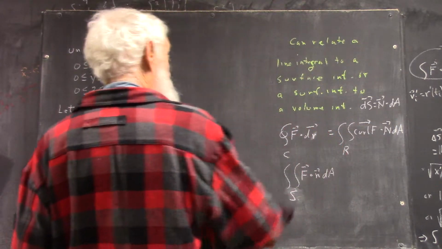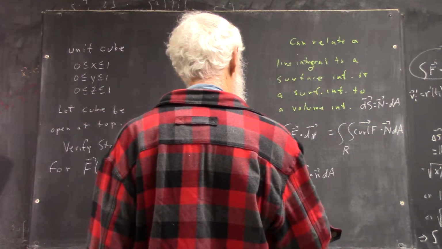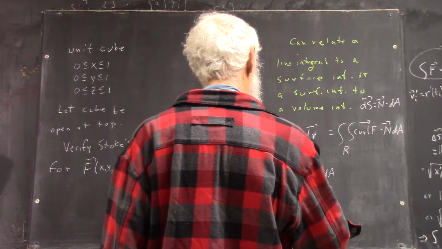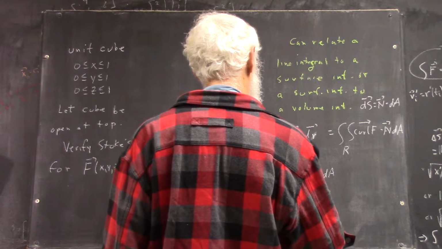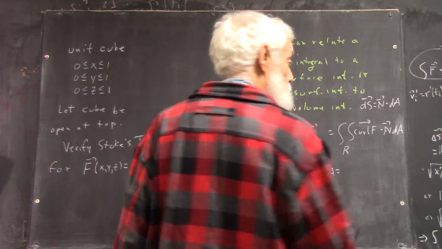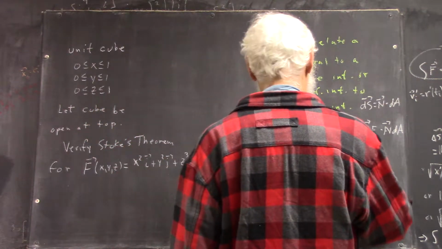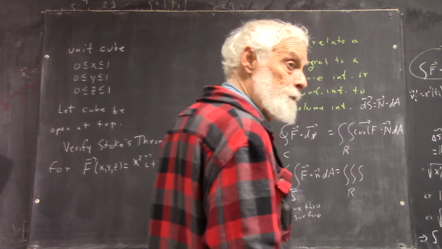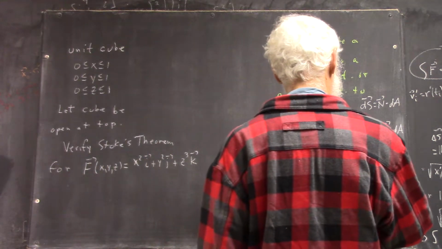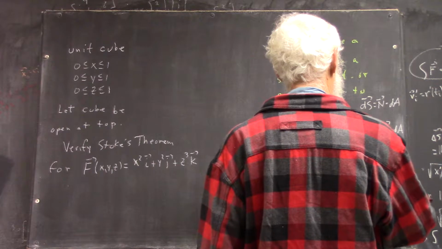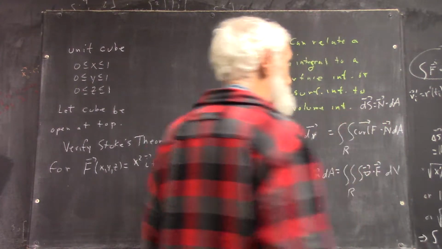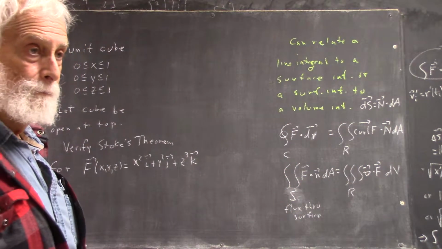Okay, so anyhow, we have this. This is your flux through the surface. And that should be your triple integral over the entire region of the divergence.